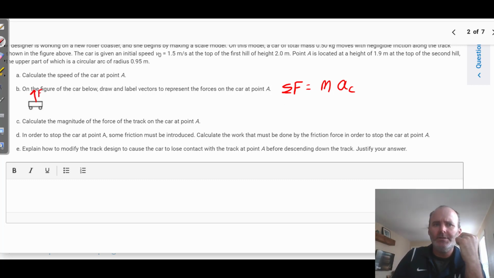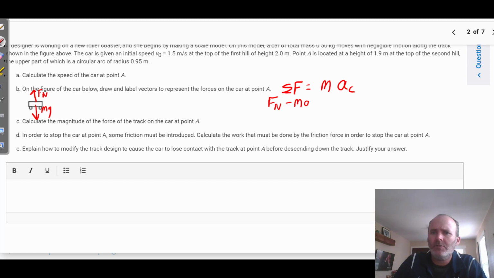We had the normal force and we had mg. We'll say up is positive, so positive Fn minus mg is equal to my mass. But note that the acceleration is always down, so since I'm picking up as positive, I'm going to have a negative a_c.